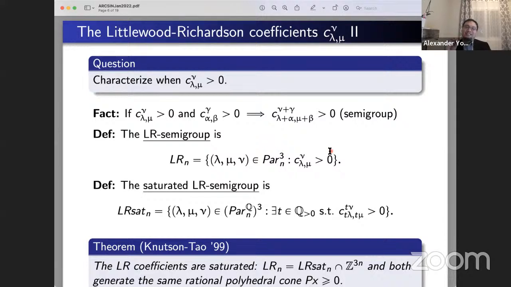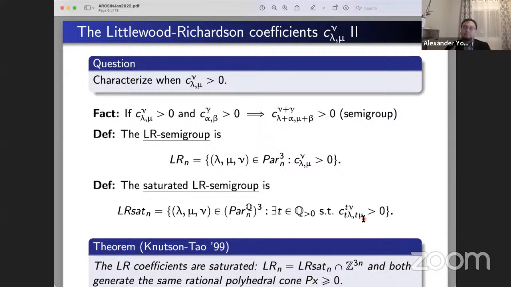Now, the next thing is sort of strange. It's the same thing as the semigroup, except there's an extra quantifier, okay? So in the subject, it's interesting to study the saturated LR semigroup. So what's the saturated LR semigroup? I'm going to take triples of partitions which may not give you a non-zero coefficient, but some rational multiple of your partitions will.